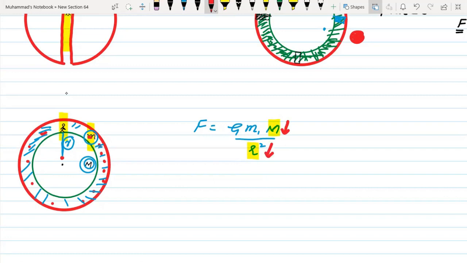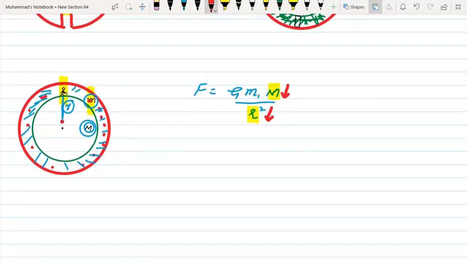So this R has an increasing effect on the force, and the mass has a decreasing effect on the force. Okay. So this means that this relationship, the gravitational field strength, is G M over r square.